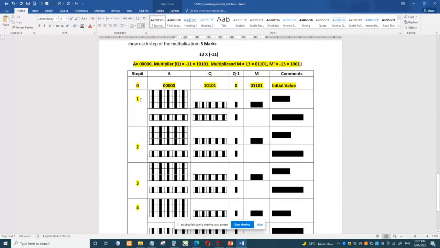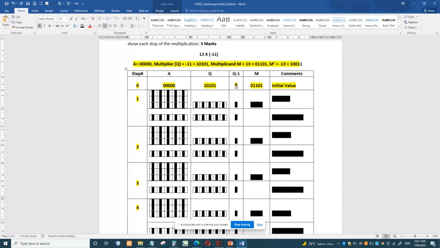In each iteration, we check the values of Q and Q minus 1. If both are 0 0 or both are 1 1, we just perform an arithmetic right shift operation.